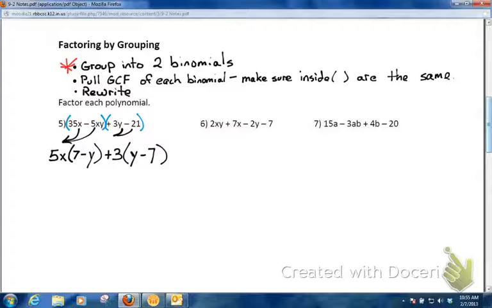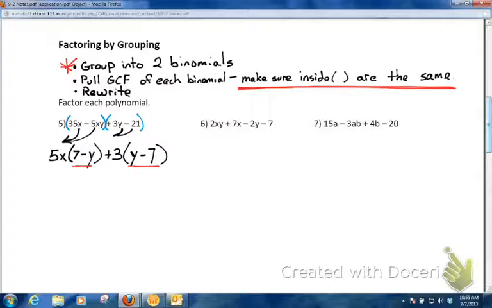Now, the next rule says make sure inside the parentheses are the same, or you've done something wrong. If I look inside the parentheses here, are those two things the same? No. A positive 7 minus y is not the same as a positive y and a minus 7.